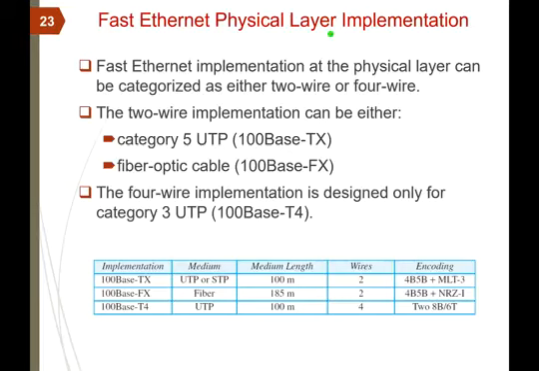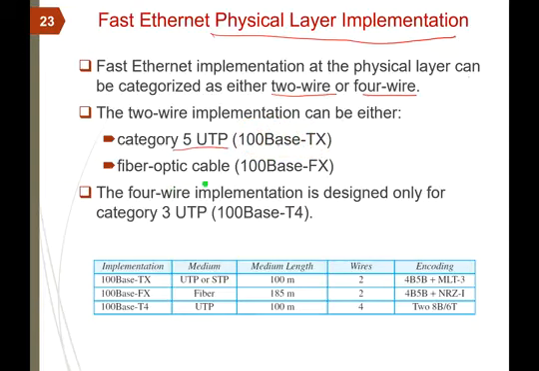So what about the physical layer implementation, the cabling of fast Ethernet? Fast Ethernet implementation at the physical layer can be categorized as either 2-wire or 4-wire. The 2-wire implementation can be either Cat5 UTP, which we studied before, called 100 base TX. 100 is the data rate, base is baseband communication, and T is for twisted pair.